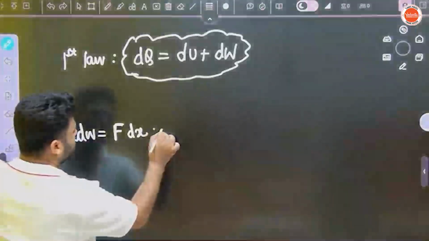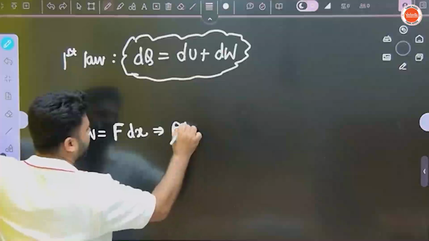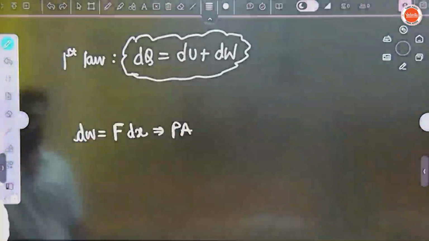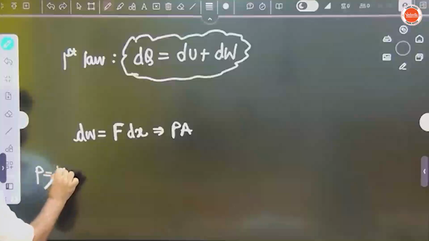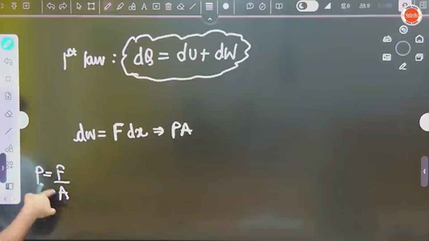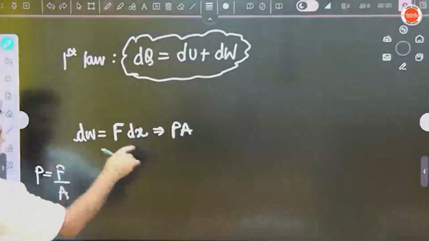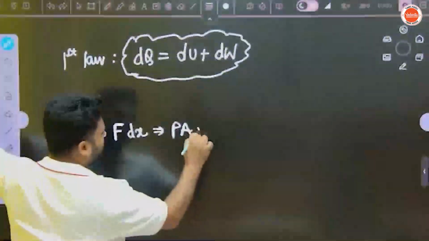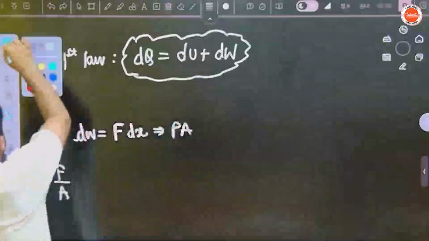What is force? Can I write force equals pressure applied by the gas multiplied by area? Because we know that pressure is nothing but force by area. So force applied by the gas is pressure into area of the container, multiplied by dx, the displacement of the lid.